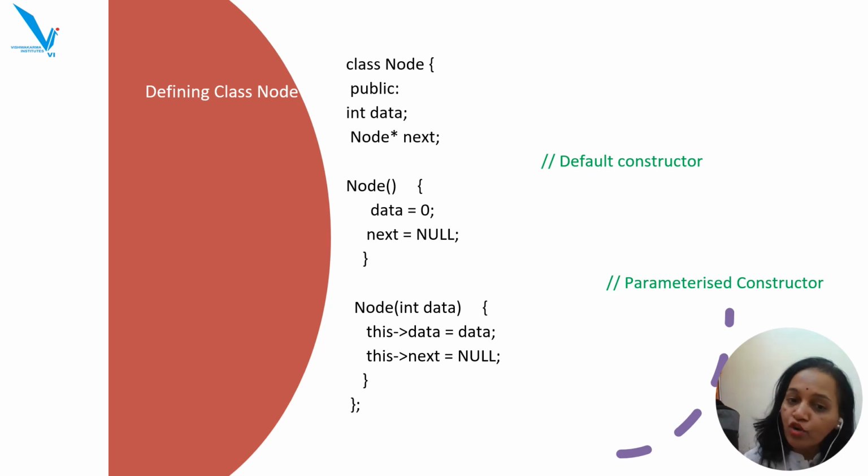The current object which is being constructed, its data is equal to data, and its next pointer will be null. In both the cases we are creating only one node, so null will be the next pointer. So either we will create with the help of the default constructor or a parameterized constructor at the time of actual creation of objects of node. So this is the code for how to create a single node.